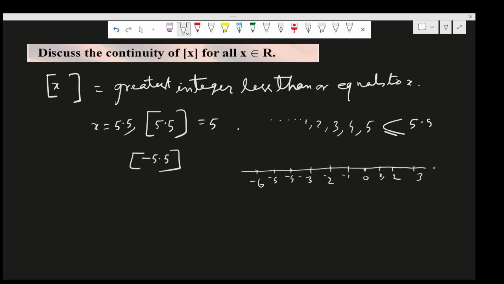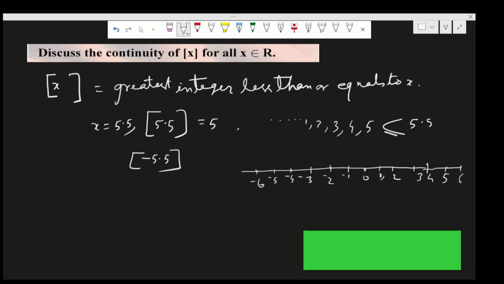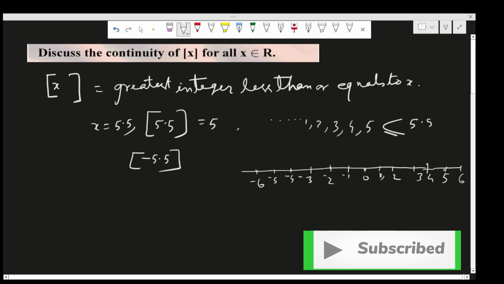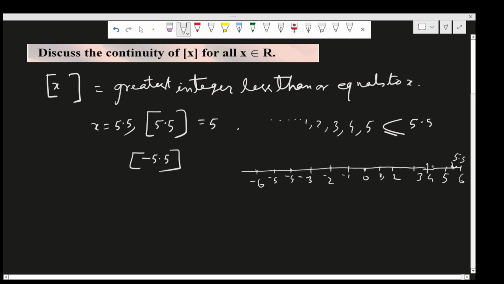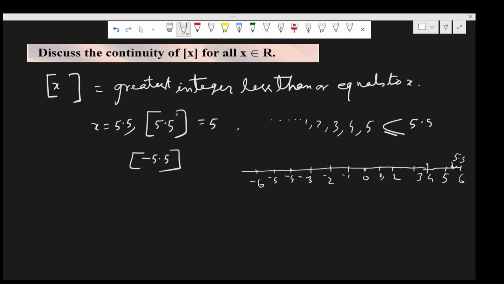All numbers left hand side of minus 5.5 are less than minus 5.5.